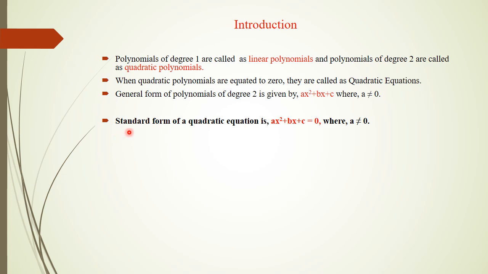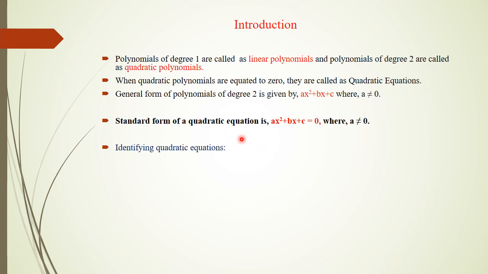Now, if I equate this quadratic polynomial to 0, that will become a quadratic equation. Therefore, the standard form of a quadratic equation is ax square plus bx plus c is equal to 0. Again, here a cannot be equal to 0. Now, let us look into examples of how we can identify whether the given equation is a quadratic equation or not.